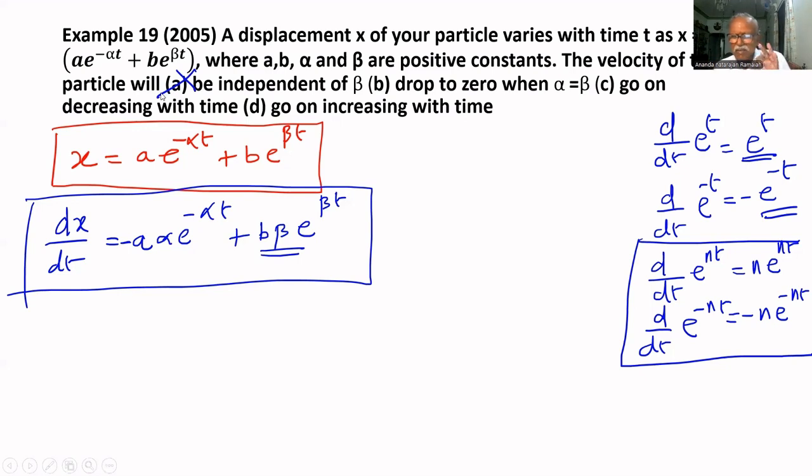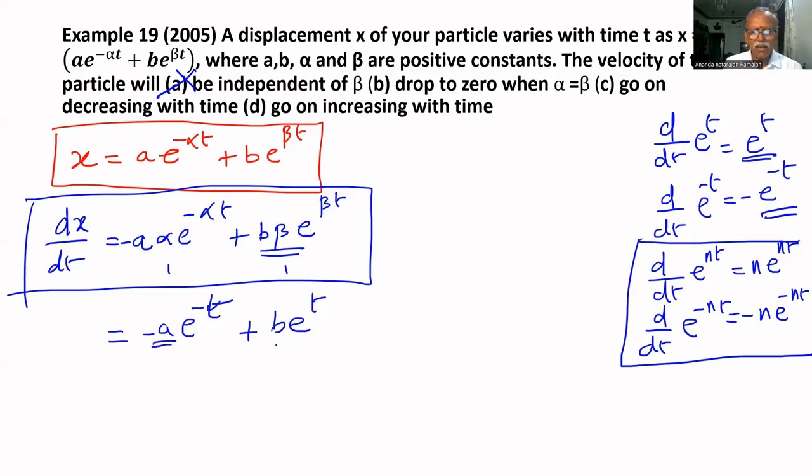We have to first eliminate the wrong answers, then automatically you will get the correct answer. If alpha equals beta, let us assume that it is 1. Then the velocity is minus a e power minus t plus b e power t.